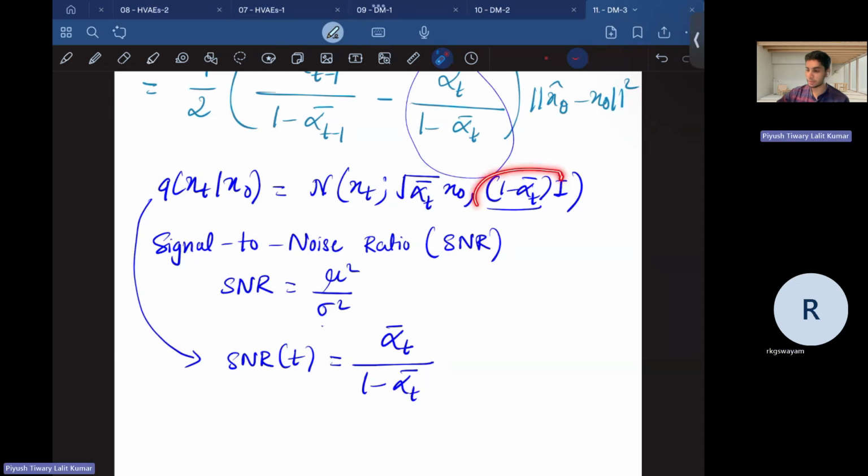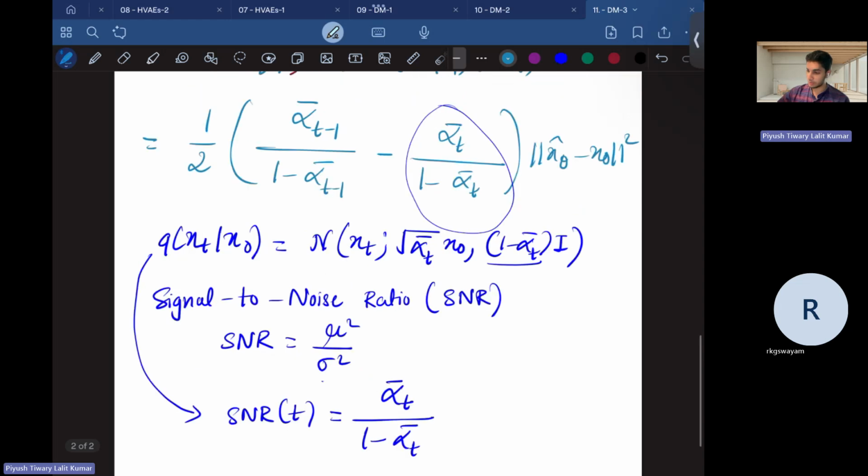No, this is already sigma square. Oh, I see. Yes, now I understood. Right, this is already sigma square, and this is your mean. So this square is alpha t bar, and this is already squared, so this is 1 minus alpha t bar. Is it fine? Yes.